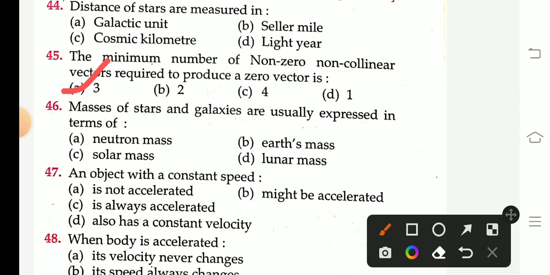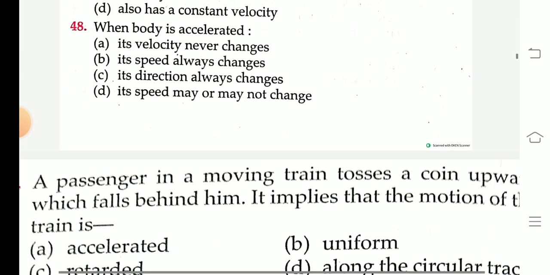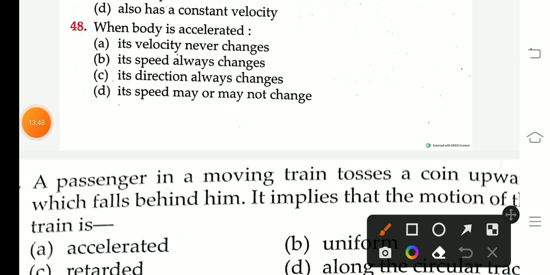Masses of stars and galaxies are usually expressed in terms of solar mass. An object with a constant speed might be accelerated. When body is accelerated, its velocity never changes.